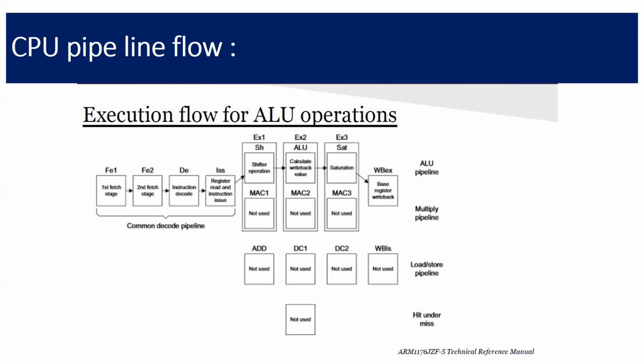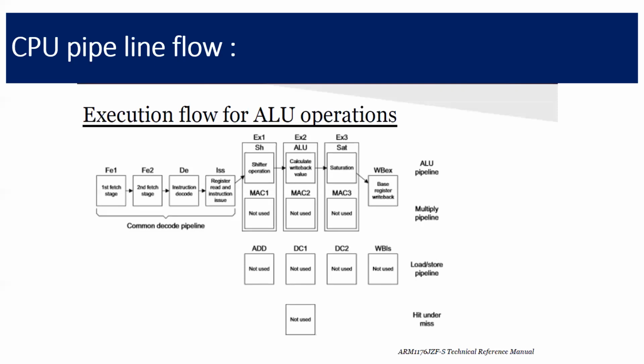Here you can see 3 mathematical integer instructions can be executed in parallel, as there are ex1, ex2, ex3 stages. This parallel processing architecture is called superscalar architecture. It implements pipelining for parallelism. That is what you have to remember.